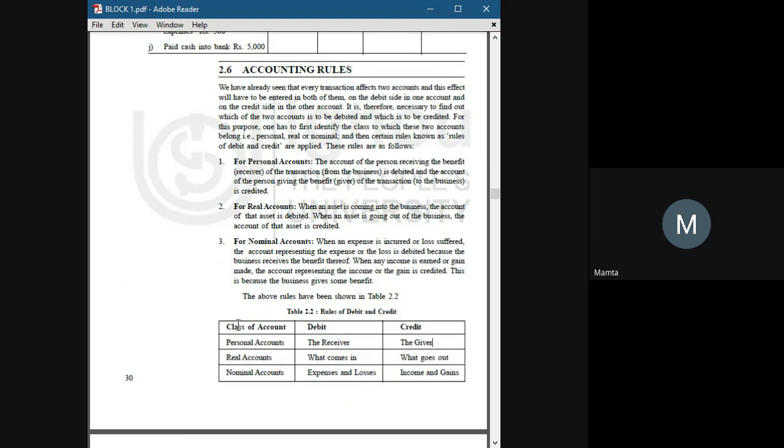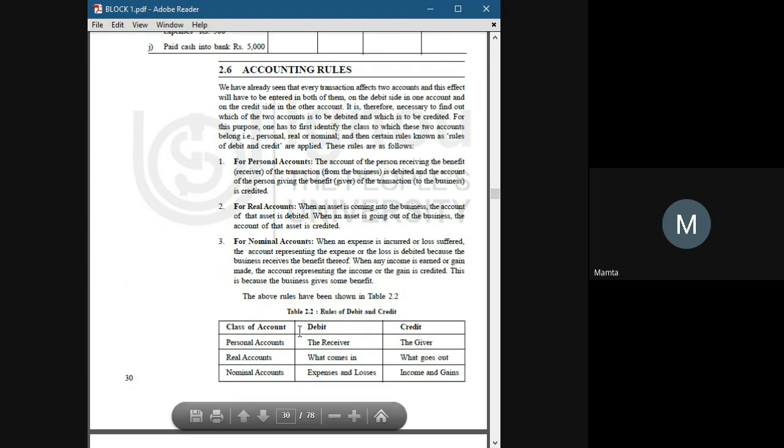Like you have purchased goods on credit, not on cash. I'm not talking about cash here. You have purchased goods on credit from Ram. So for the entry, whom will you be debiting? What you have received.